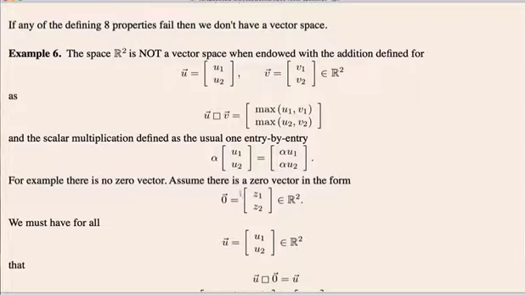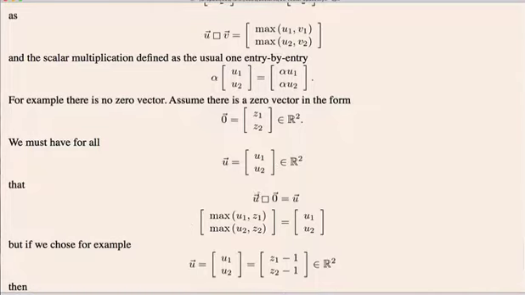So if we assume that we have a 0 vector with components z1 and z2, then we're supposed to have that u box plus z is just the u vector. Writing out the definition of this box operation, we have that the maximum of u1 and z1 is supposed to be u1, and the maximum of u2 and z2 equals u2. So we compare vectors component by component.